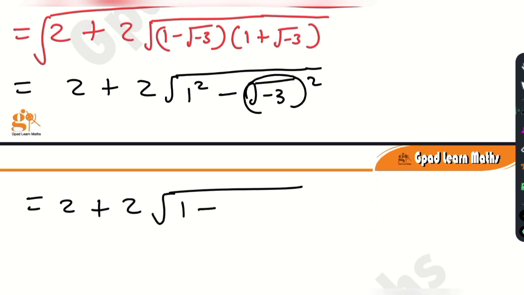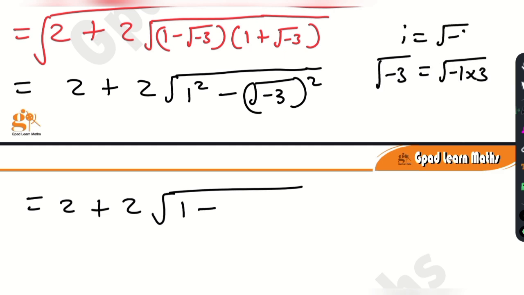Let me show you something about this square root of negative 3. We can rewrite this as the square root of negative 1 times 3. We want to bring in the imaginary unit now because this will give us an imaginary number. So i is equal to the square root of negative 1.